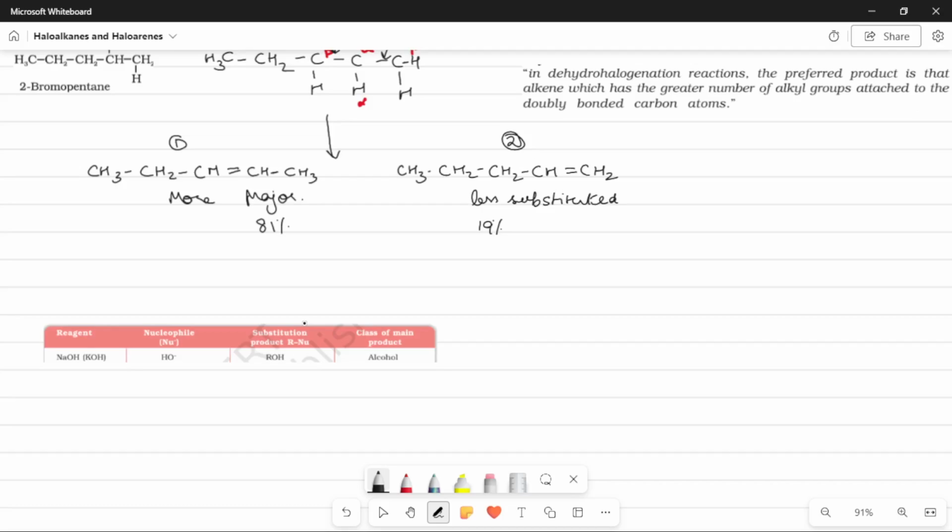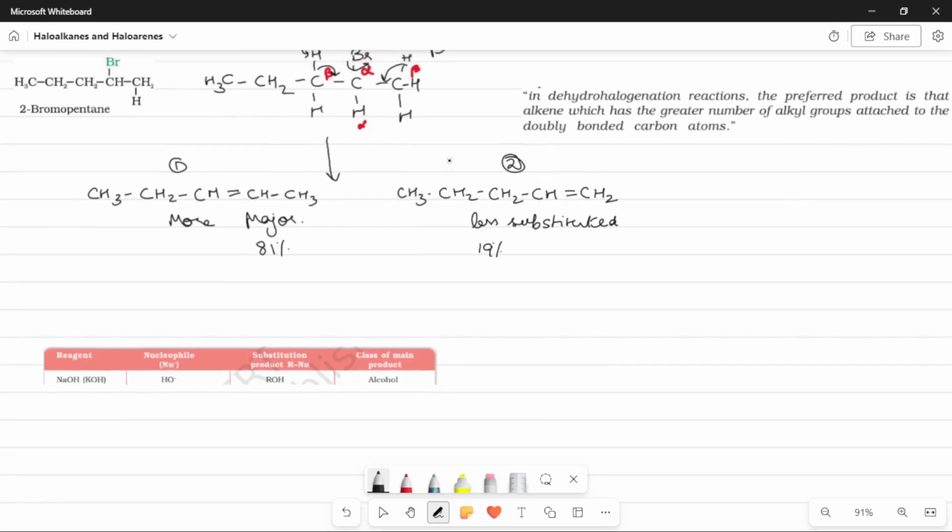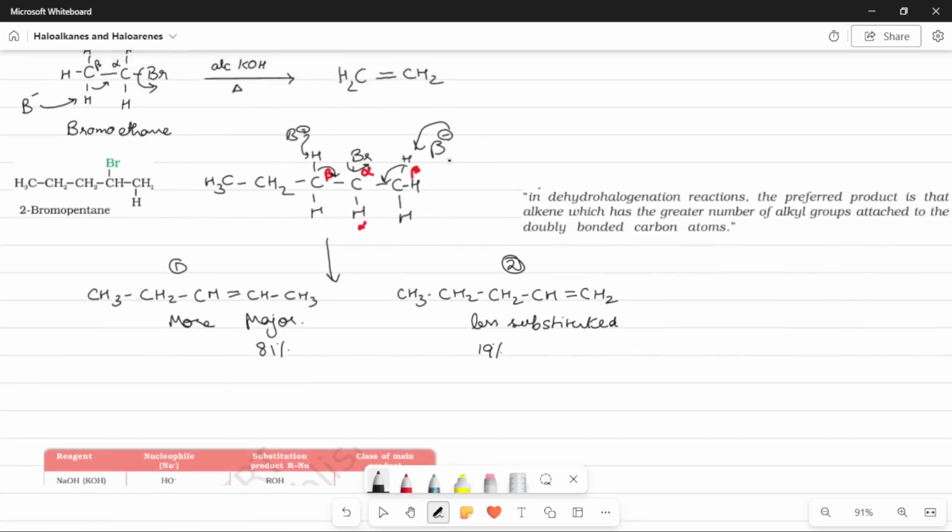Now first of all, let's start with the main thing. We use the exact same potassium hydroxide in both cases, and here I said it'll undergo elimination, but here it's clearly mentioned that it undergoes substitution reaction. So here, remember, we've used alcoholic KOH. Alcoholic KOH tends to make sure that our molecule undergoes an elimination reaction.